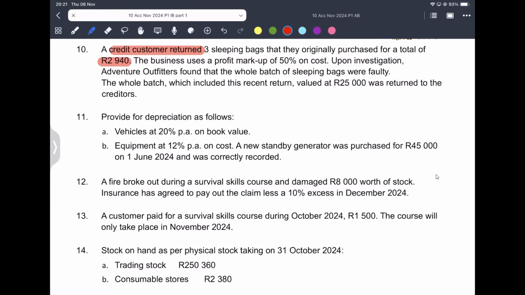Okay, this is what I'm going to write. Please don't get confused. It comes from this here. Now, accounts that will be affected. First of all, it will be debtors allowances. We will debit debtors allowances. We will credit debtors control.